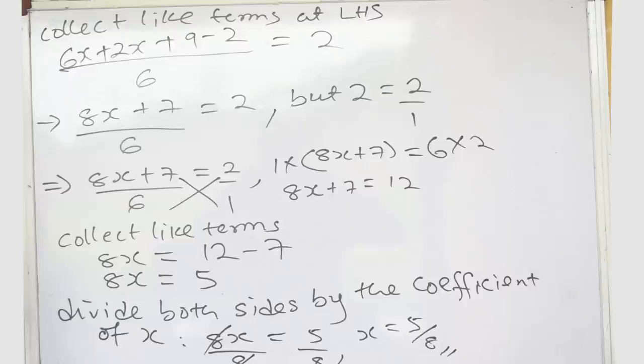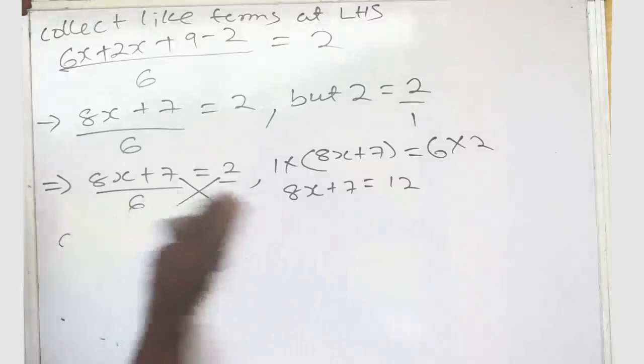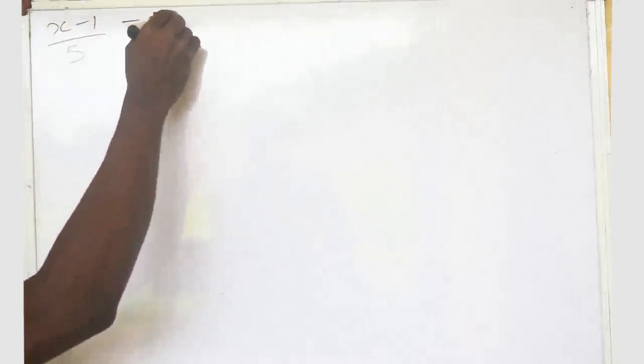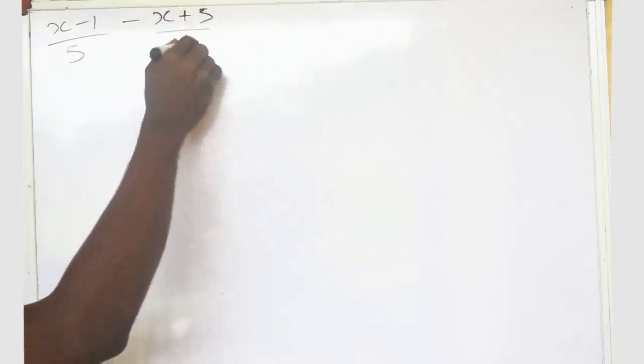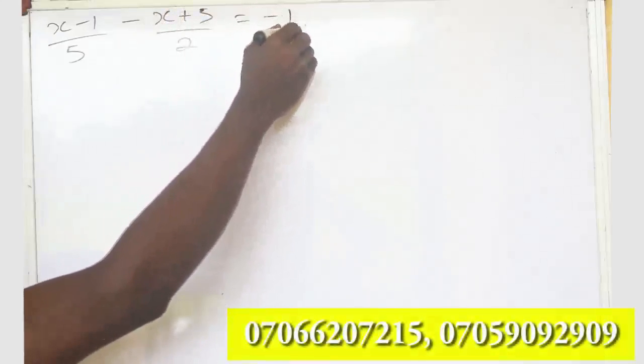Okay, so in this regard, let me give you another example to solidify this type of problem, because this gives a lot of students nightmares. The example I will give has to do with negatives. So suppose you have x minus 1 all over 5 minus x plus 5 all over 2 is equal to, let's say, minus 1.